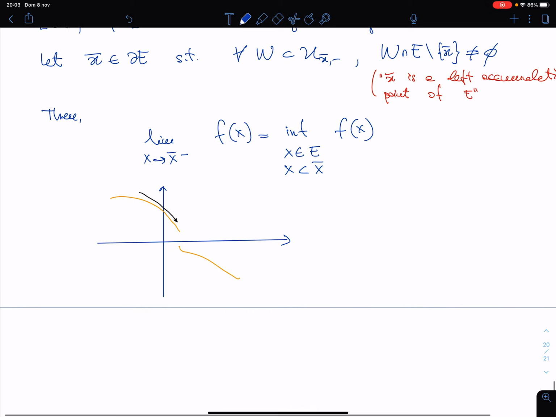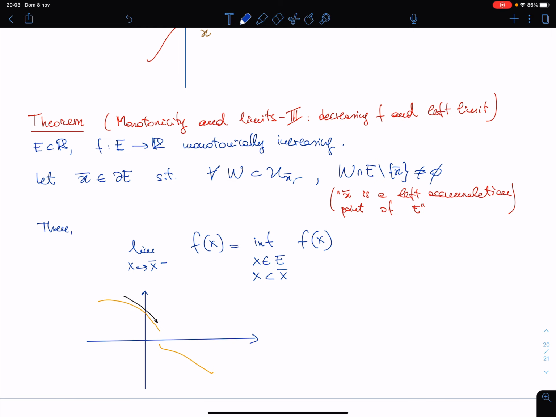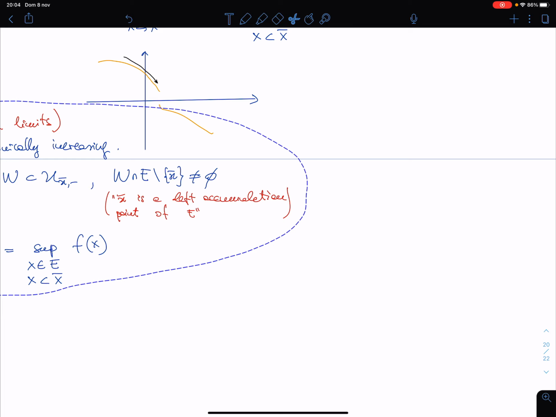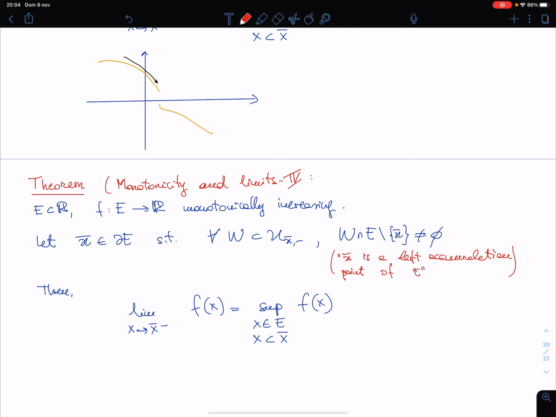And now, let me give you the last theorem of this family, the fourth. The fourth theorem is with decreasing function and right limit.